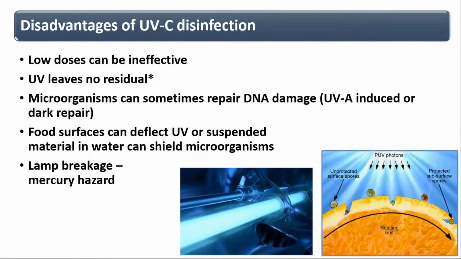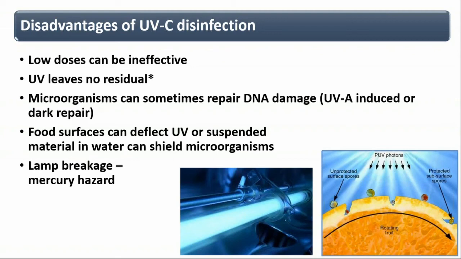Low doses can be ineffective, but as I've mentioned, getting the incorrect dose is normally just an operator fault. A disadvantage is that UV leaves no residual, but in food applications and in surface, especially when it comes to food surfaces, this is actually an advantage.